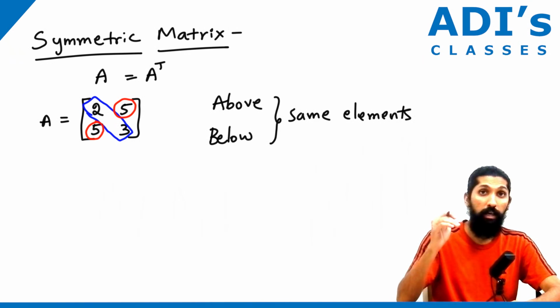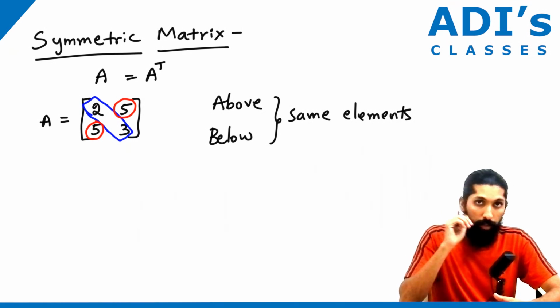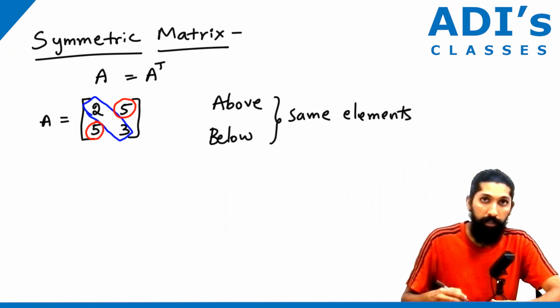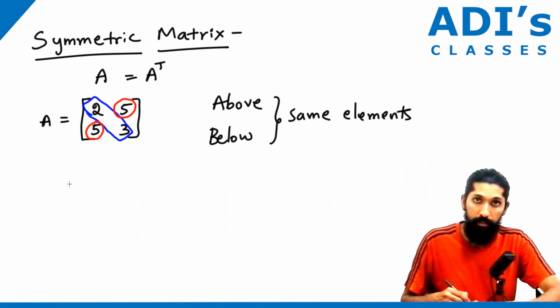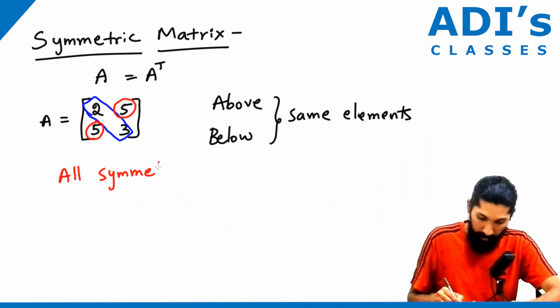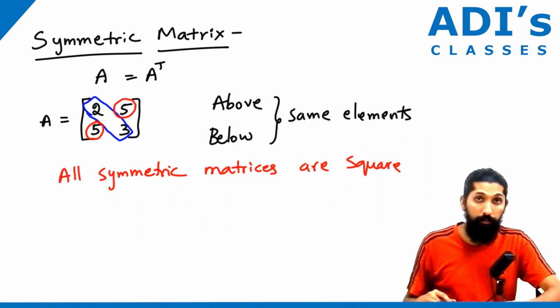That's when we say that it is a symmetric matrix. So first and foremost, a very important point is, all symmetric matrices are square matrices, because a rectangular matrix can never be symmetric, correct?